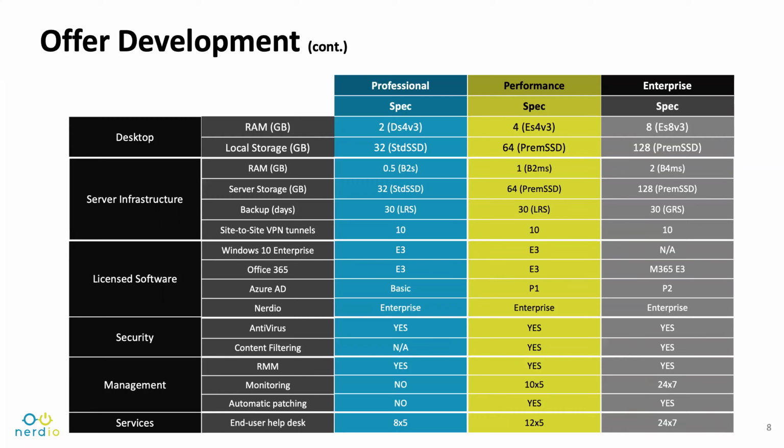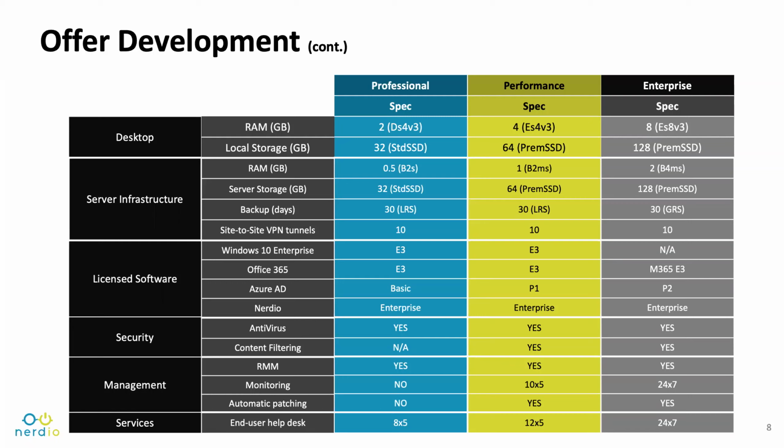And then we get into the licensed software section. This is where different versions of Windows, Office 365, Azure Active Directory, and Nerdio, if you're using it to provision and manage these packages, would be integrated into the pricing as well. And again, you can decide what makes sense. So for example, if we take Azure AD, with your professional plan you're including the basic, which is free to you.